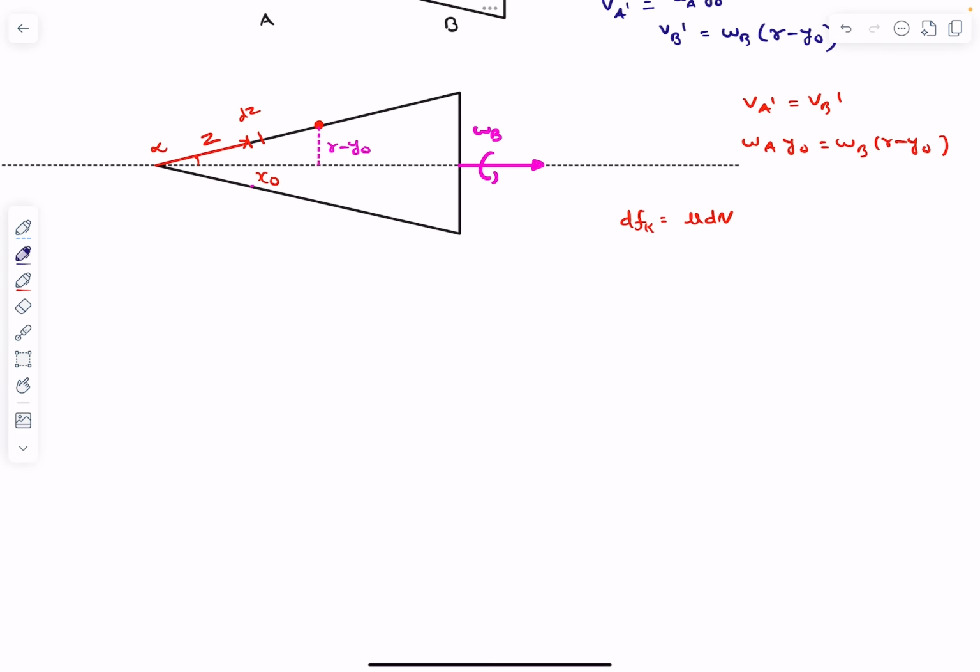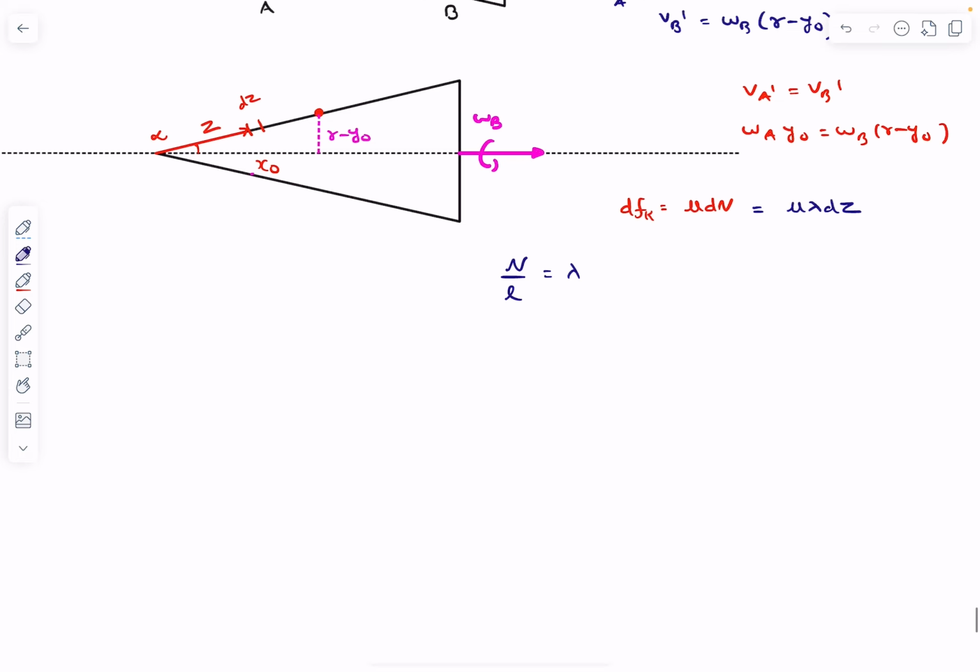Let's say the normal reaction acting per unit length on the slant height is some lambda. So we can write dn as lambda dz, because the length of the element is dz. So the small kinetic friction df acting on this dz element is mu lambda dz.